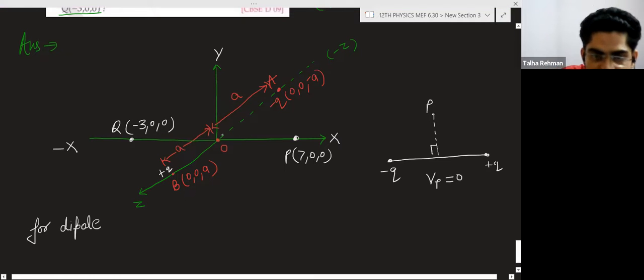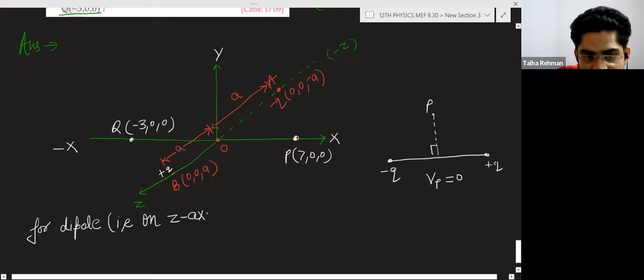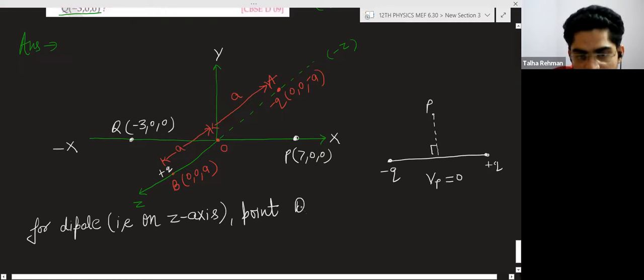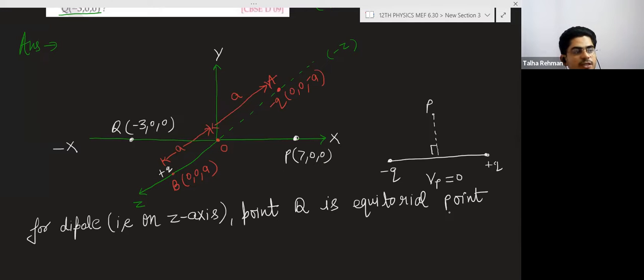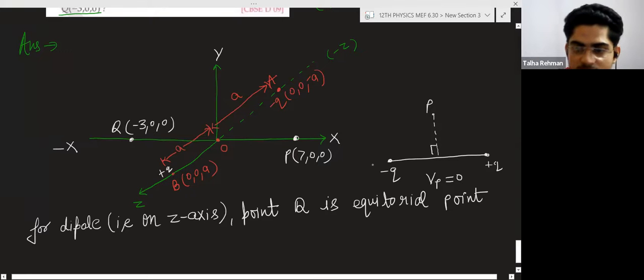So this is the dipole, and the dipole is on the z-axis. For the dipole on the z-axis, point Q is an equatorial point. Due to the dipole, what is the potential value at an equatorial point? At the equatorial point the potential is 0.